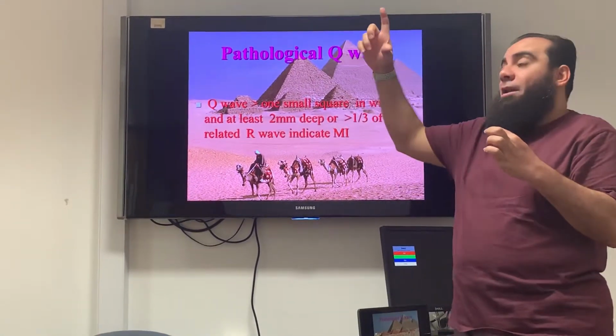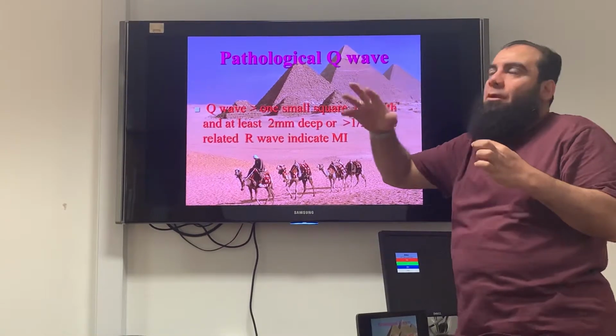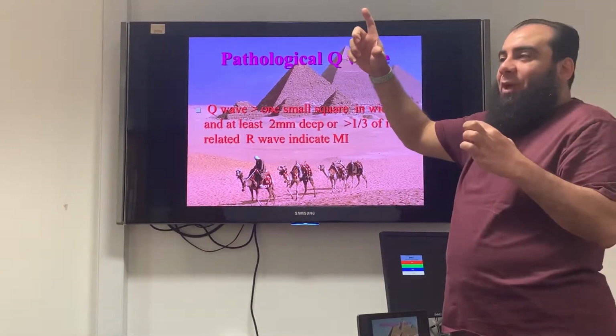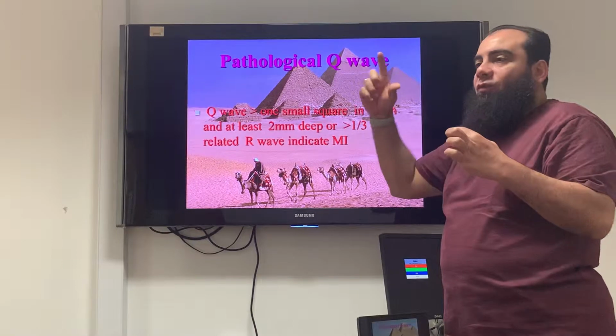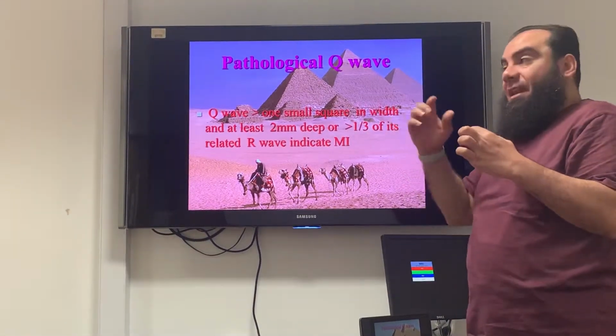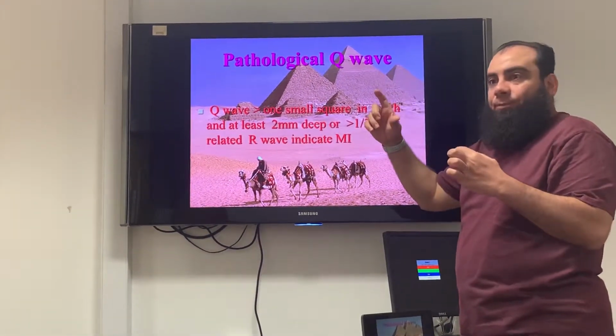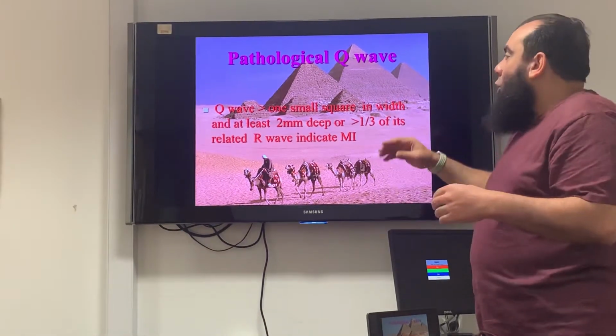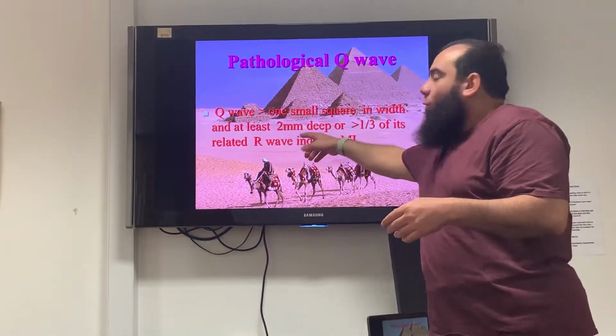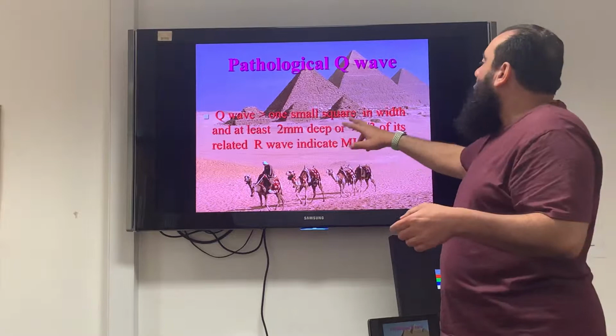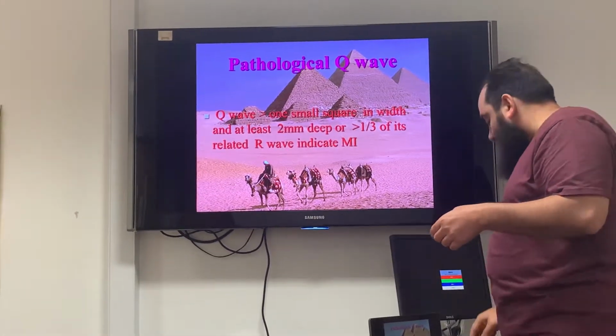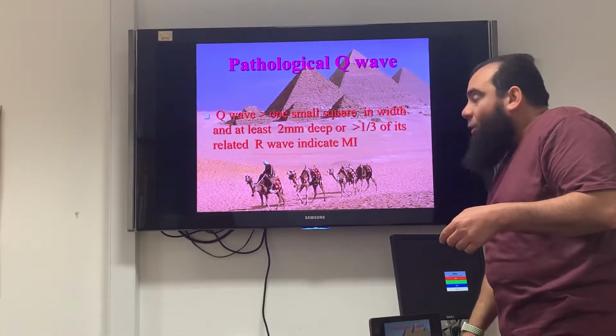If the following R is 9 small squares, 1/3 of 9 means 3 small squares, so we can accommodate up to 3 small squares on that occasion. So it is another criteria. Or generally speaking, more than 2 millimeters deep and more than 1 small square in width is how we can identify a pathological Q wave.